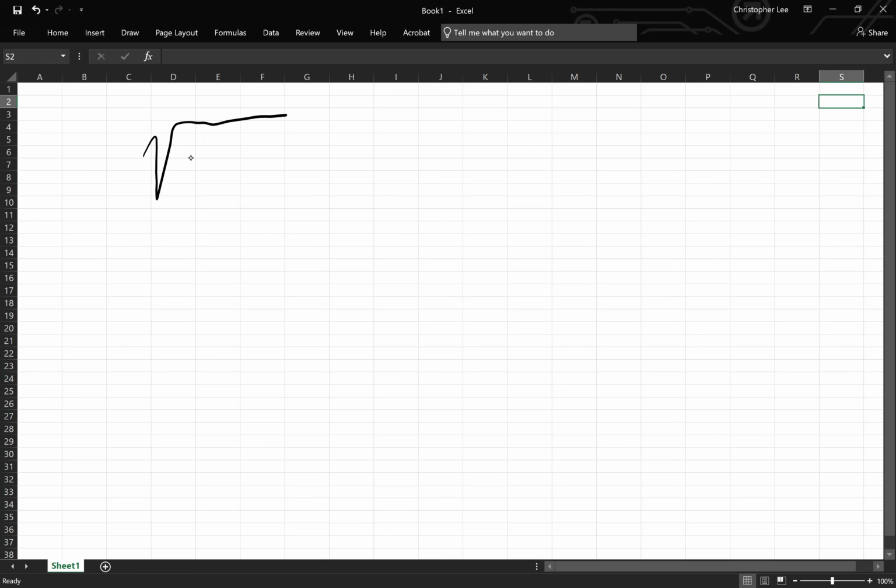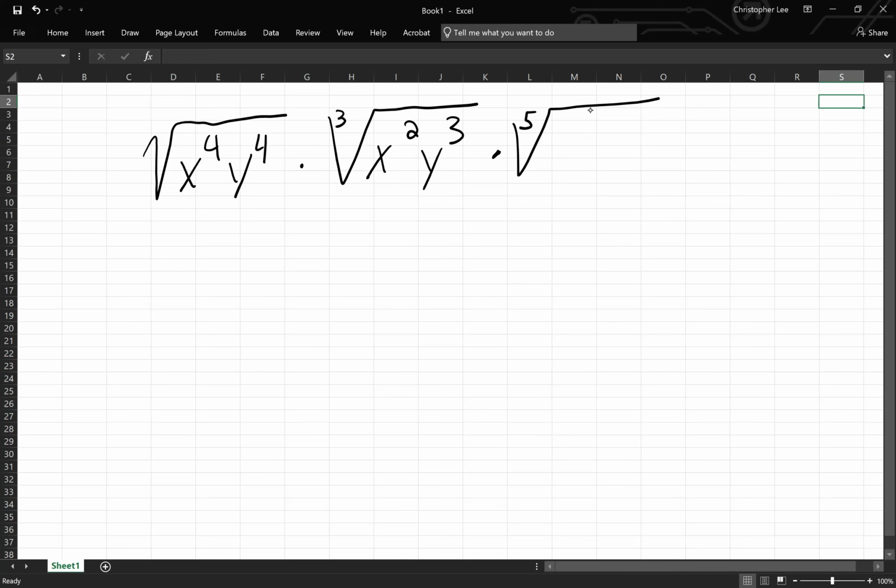It's the square root of x to the fourth, y to the fourth, times the cube root of x squared, y to the third, times the fifth root of x cubed.